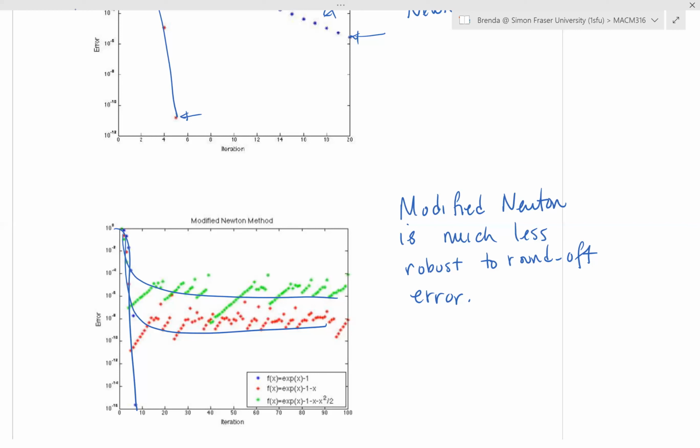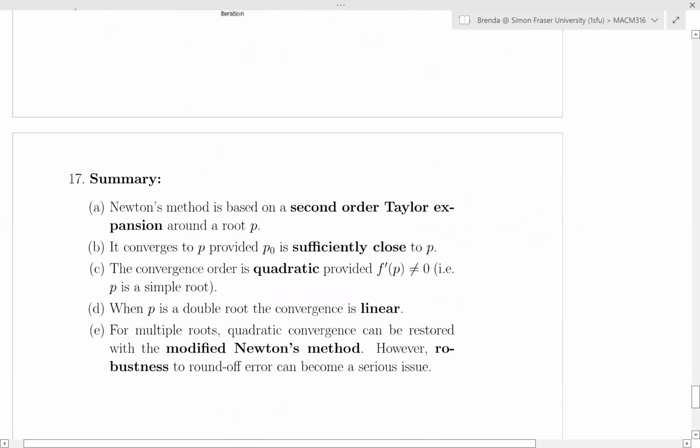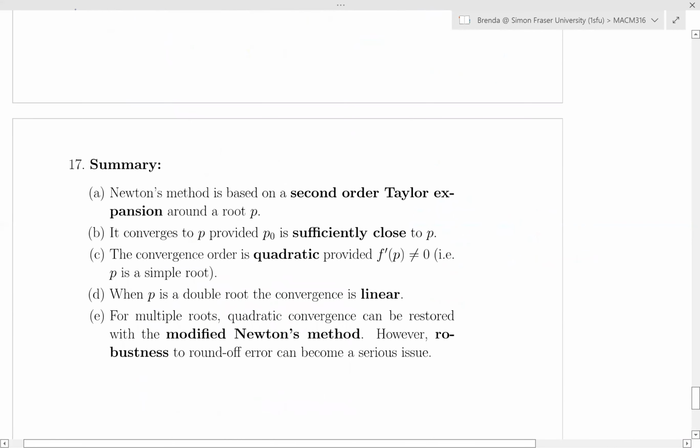Okay, that's modified Newton. Are there comments about this? Nothing. Okay. All right. So let's just get a summary on that. The summary is that Newton's method comes from a second order Taylor expansion.